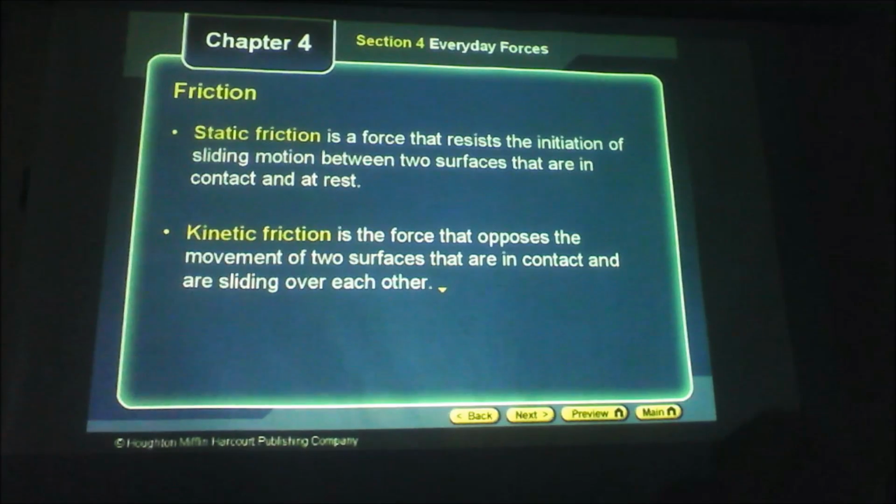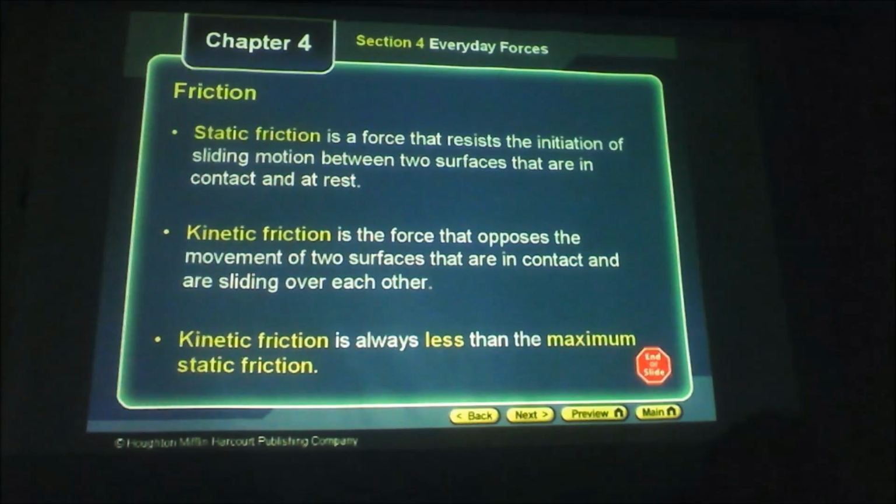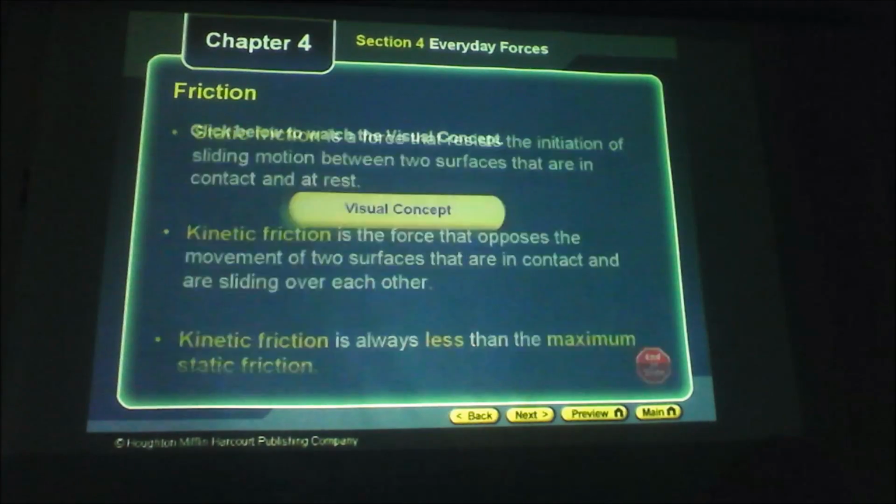So static friction and kinetic friction are similar in the sense that it's the force that resists motion. Static is the initial motion to get something moving. It could be greater than the actual friction, and usually is, of the friction once that force is in motion. So kinetic friction, notice, is always less than the maximum static friction.